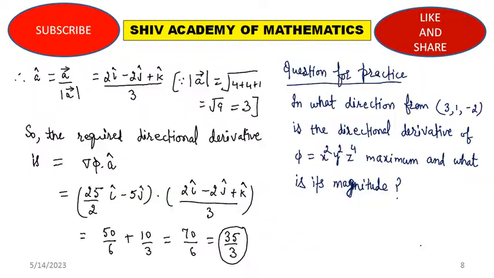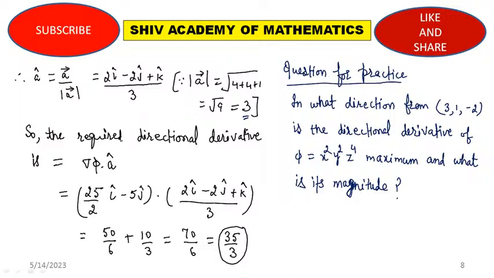So again we make the unit vector, a cap equals vector a upon magnitude of a. Vector a is 2i minus 2j plus k, and the magnitude is the square root of 4 plus 4 plus 1, that is root 9, that is 3. So it is (2i minus 2j plus k) upon 3.